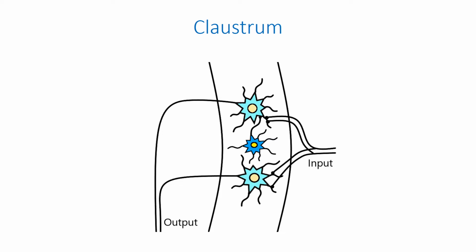The claustrum contains two major classes of neurons: projecting neurons, with spiny dendrites, and local interneurons, with aspiny dendrites. The majority of the neurons are glutamatergic, while a smaller proportion of cells, from 7 to 12%, are GABAergic.